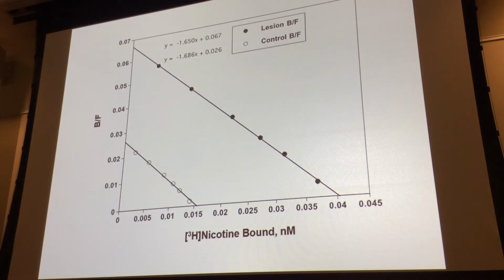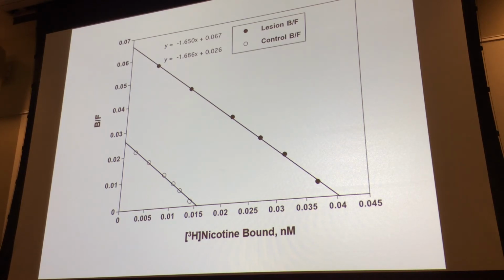So scatter plots are linear, and you don't need a supercomputer to look at this and figure out that you have a parallel shift in the 2 scatter plots. So that should indicate to you immediately that there's no change in the KD, that there is a change in the Bmax, and in fact, in the lesion case, we're getting an increase in the Bmax.